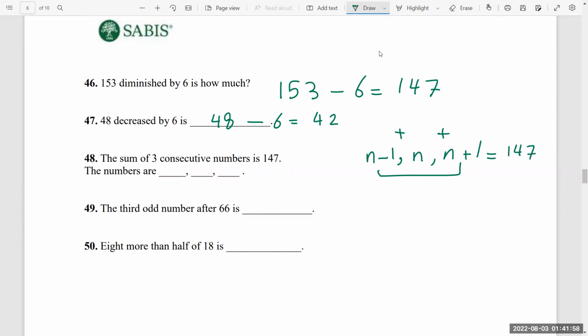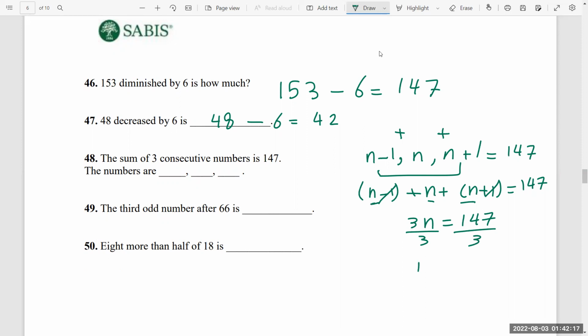The sum n minus 1 plus n plus n plus 1, you have 3 n's now, and negative 1 plus 1 is 0. So 3n is 147. By dividing each side by 3, you get 49. n is the middle number, 49. The next number will be 50. The previous number will be 48. Thank you.